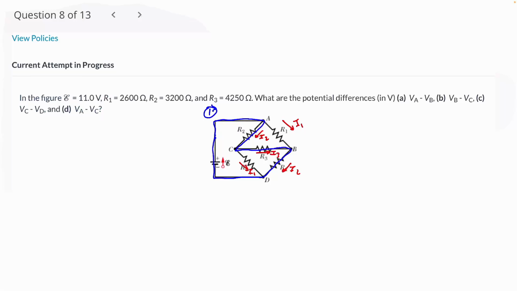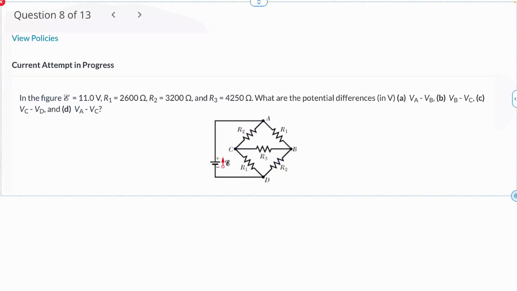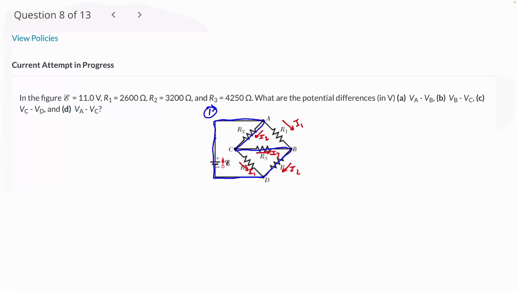So now I need a loop that will capture 1 and 2. Got 2 and 3. Now I want, no, what happened? Stop. So we're going to go around like this for loop 2.